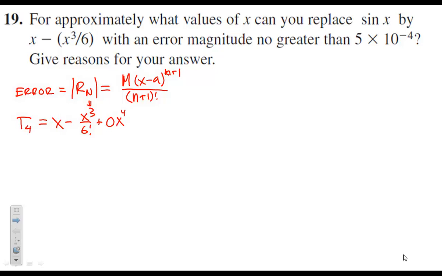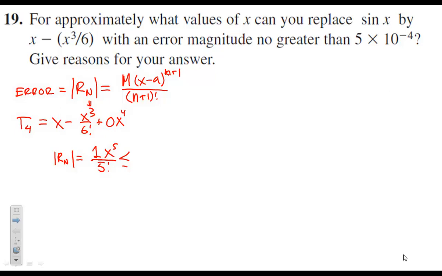I declare this to be the fourth order Taylor polynomial, and therefore the error, as given by the Taylor remainder theorem, is going to be the maximum value that the fifth derivative takes on times x to the 5th, as the center is 0, over 5 factorial. And the maximum value that the fifth derivative takes on, since it's either sine, cosine, negative sine, or negative cosine, is the value 1.